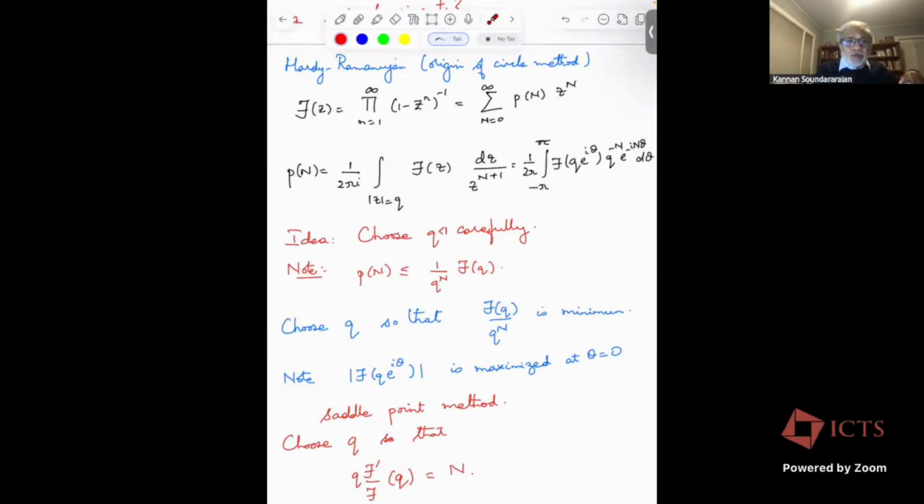There are more ways in which you can do this, but I want to give you a quick way of thinking about it in terms of the saddle point method, which gives you an easy way of computing these asymptotics. And this technique is very useful all over the place in analytic number theory, and I'll try to give you one or two more examples where it can be used.